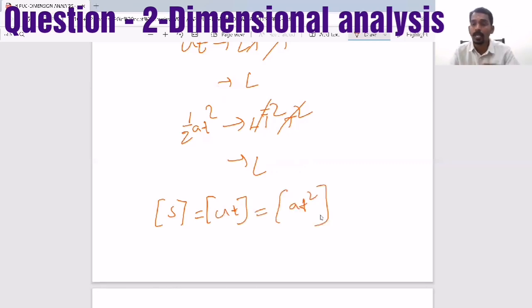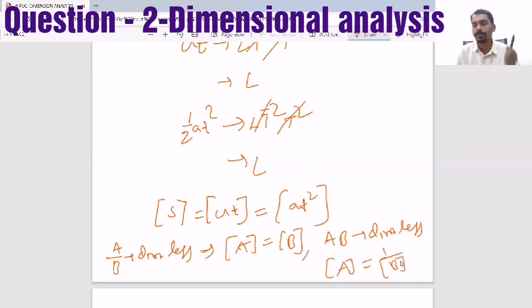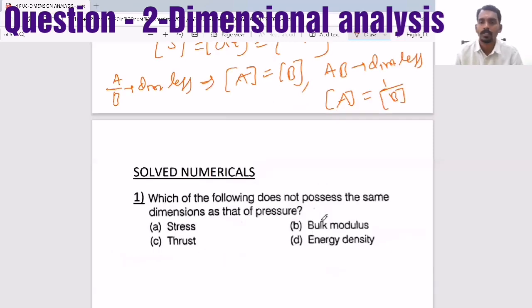Based on this fact, they will ask questions. Also, if A by B is dimensionless, then the dimension of A should be equal to the dimension of B. And if AB is dimensionless, then the dimension of A equals 1 by the dimension of B. Remember these simple things so that we can solve questions.